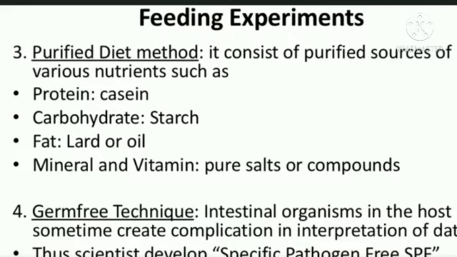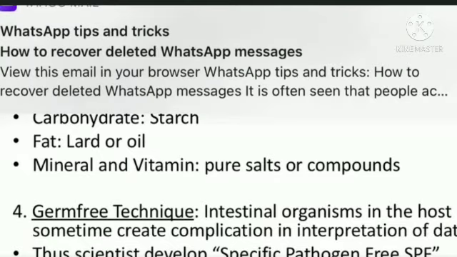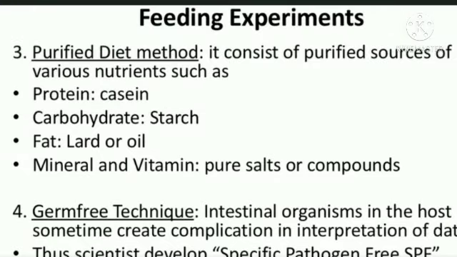Casein is only responsible for protein, starch is only a carbohydrate, oil is only fat, none other nutrient. So we can fulfill the requirement of all other nutrients by these purified sources, except for one variable, and that is our test product. So this is the purified diet method.